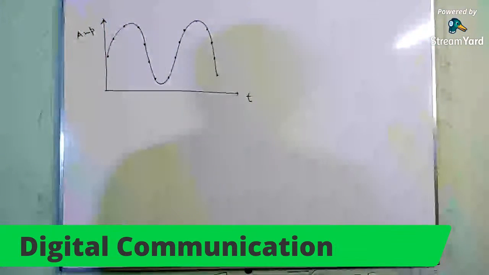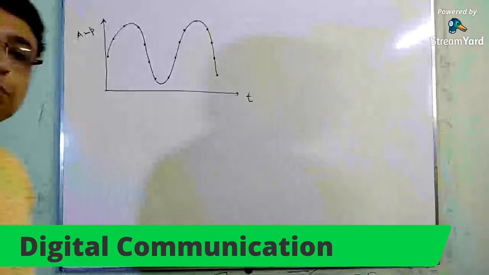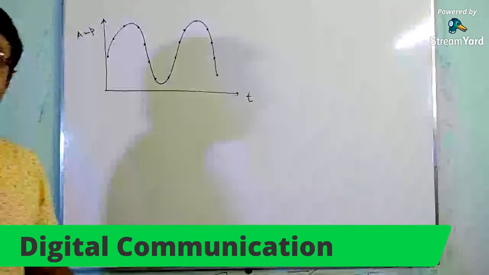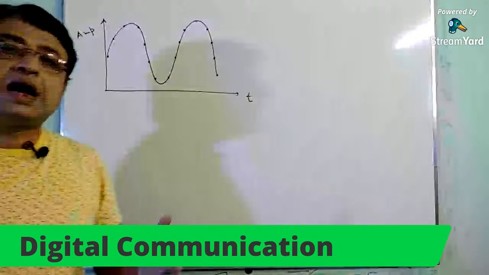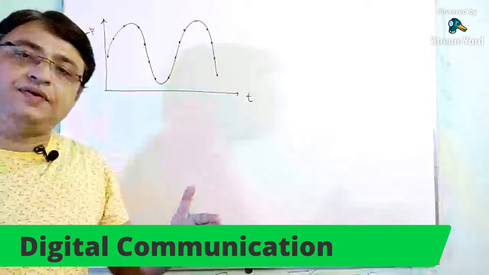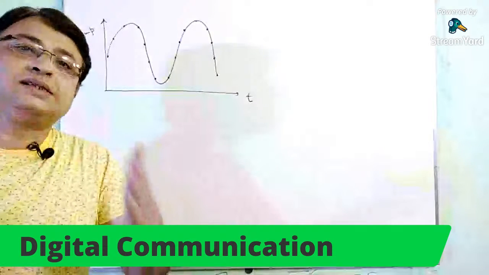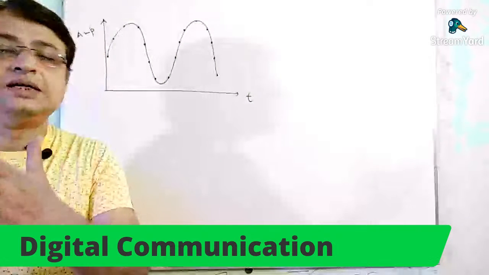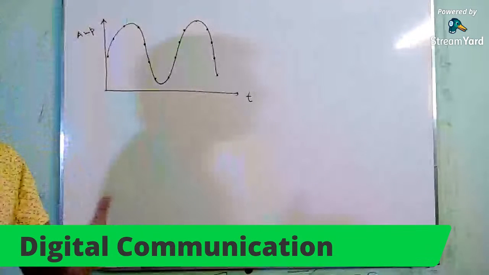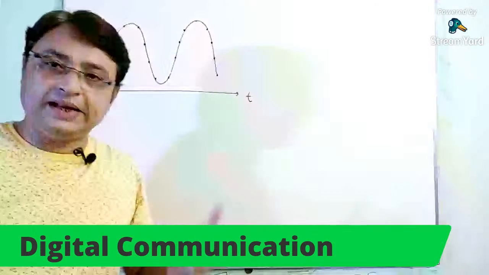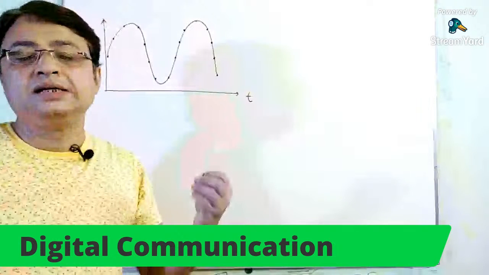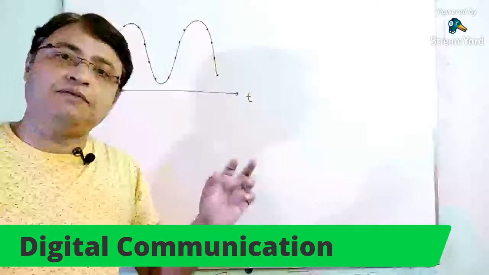Now I have sampled the signal. What is the meaning of sampled? Sampling means I take some definite values at some defined time interval. For example, I take that after every 10 seconds, I will observe the values of the analog signal.